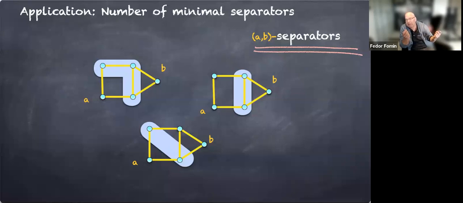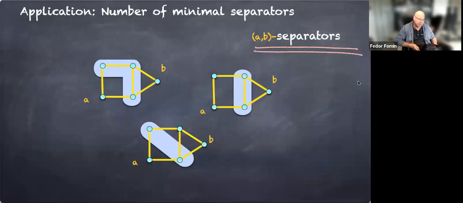It means that if I remove the separator, then a and b will be in different connected components, or there will be no path connecting a and b. An equivalent formulation is that every path from a to b should hit at least one vertex of the separator.